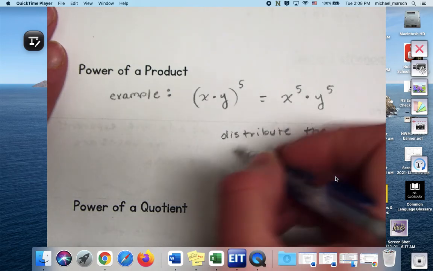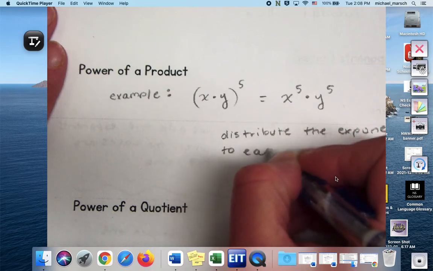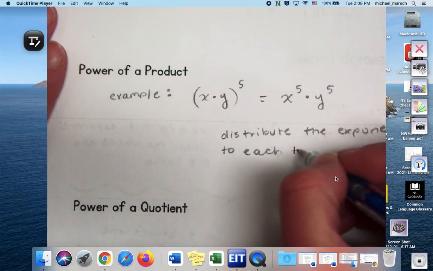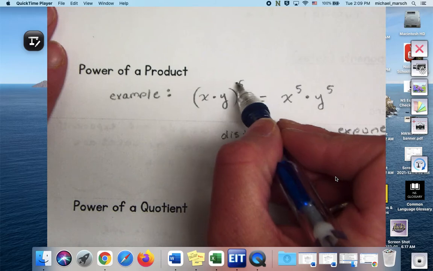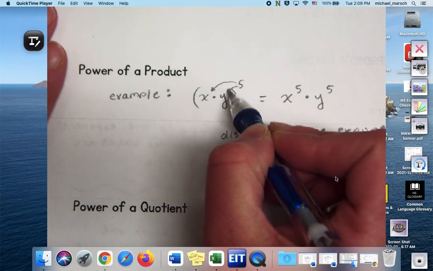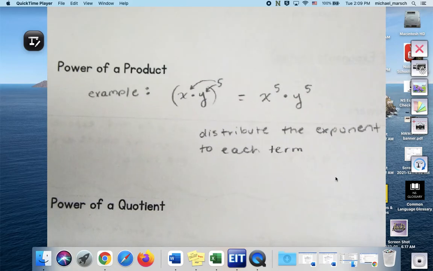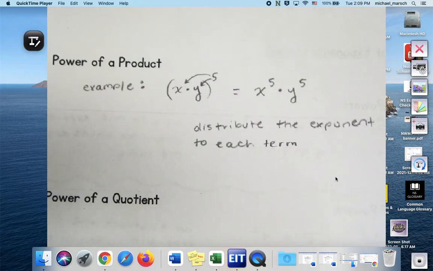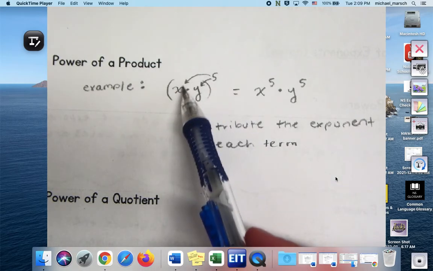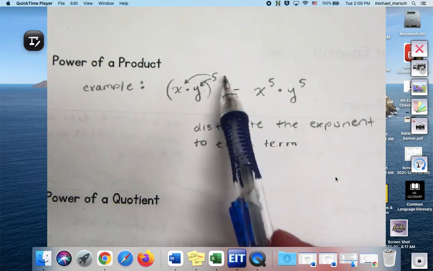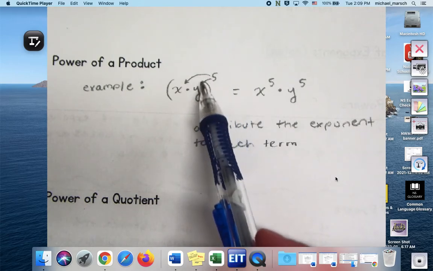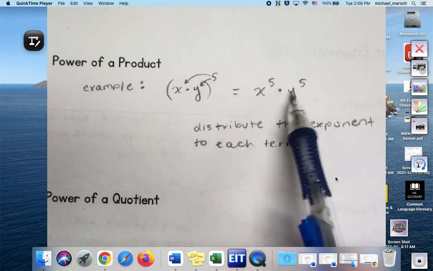You distribute the exponent to each term. So what I'm doing is I'm taking 5 times that 1 that's hanging out there with the x and 5 times the 1 that's hanging out there with the y. And that's why I get x to the 5th, y to the 5th.